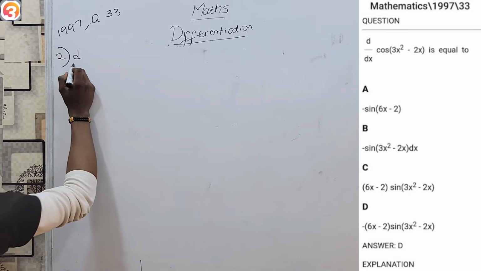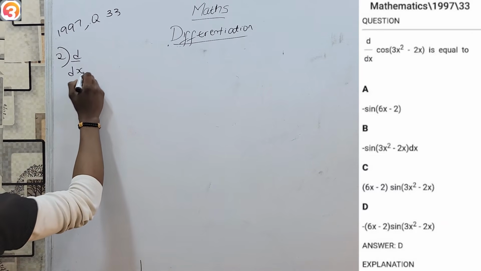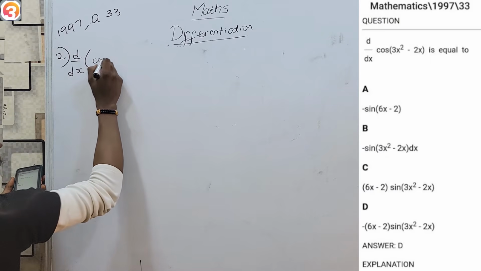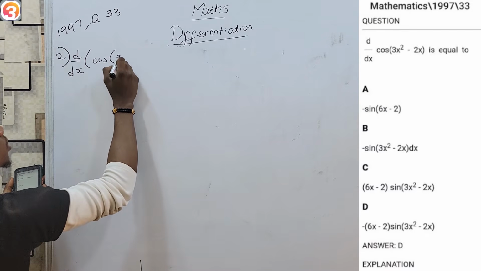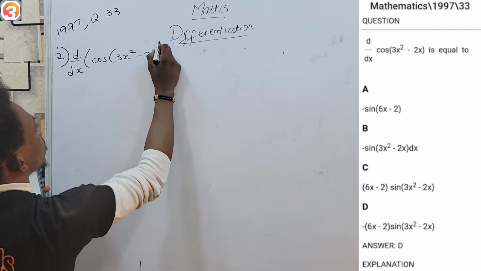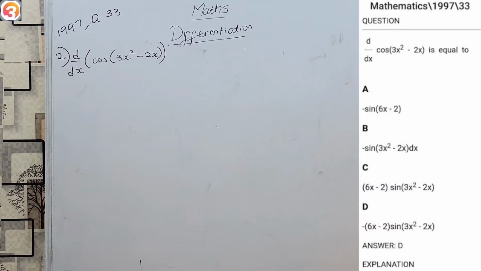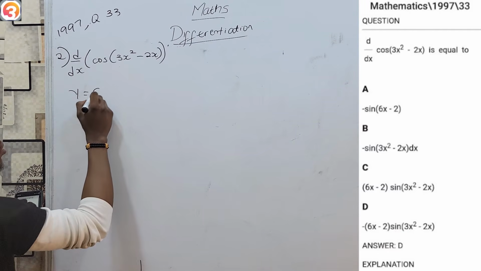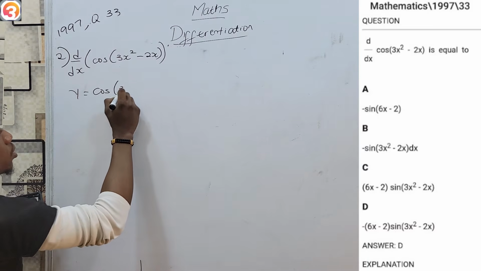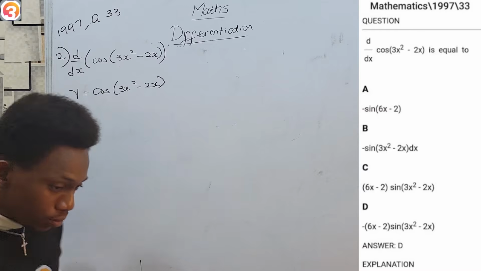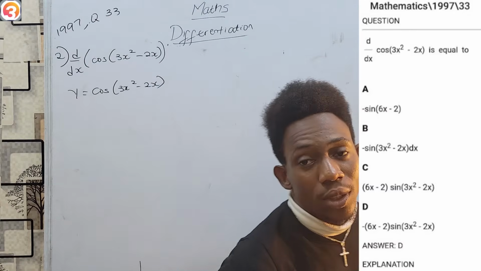This one says d/dx of cos(3x² − 2x) equals what? We want to differentiate, so I can write it simply as y = cos(3x² − 2x). Well, how do we solve this?